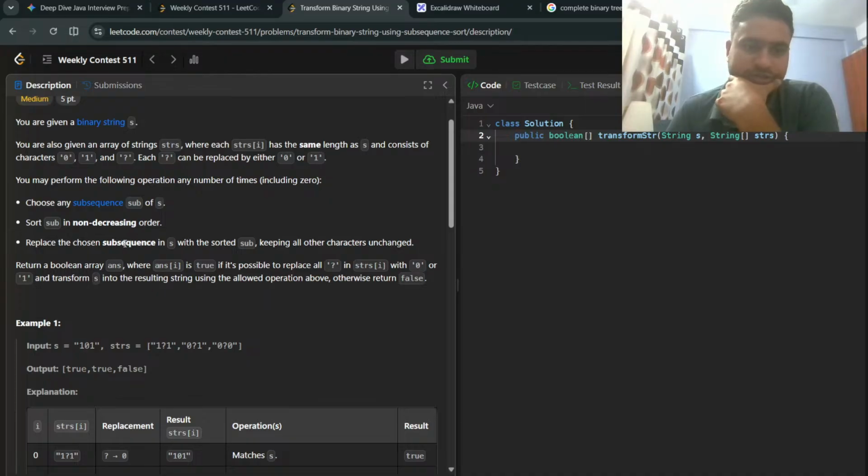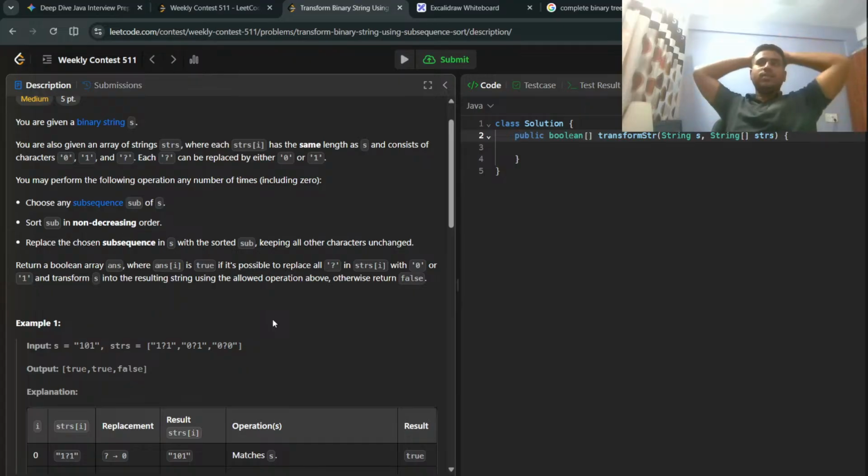Replace the chosen subsequence, whatever subsequence we have chosen, with the sorted sub. Okay, understand.